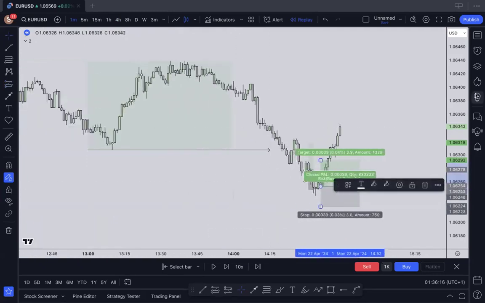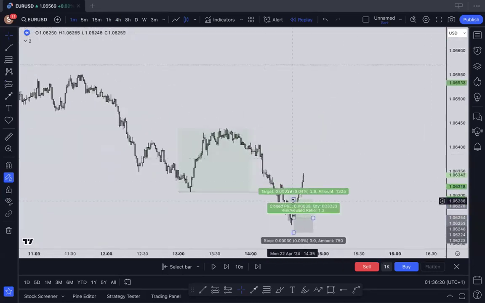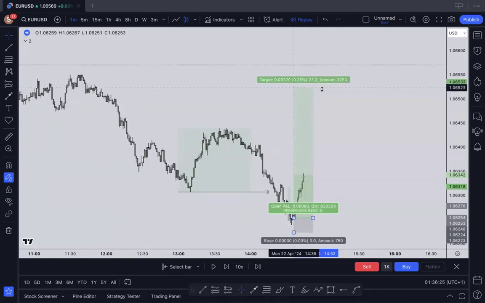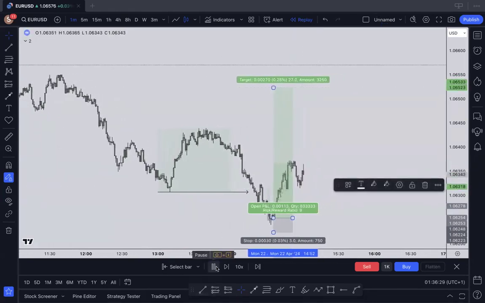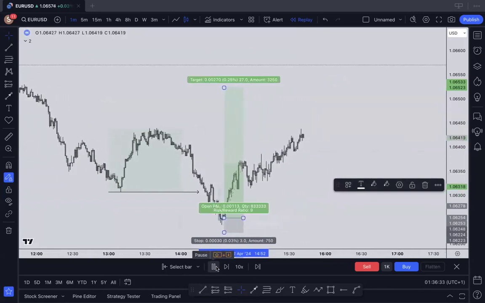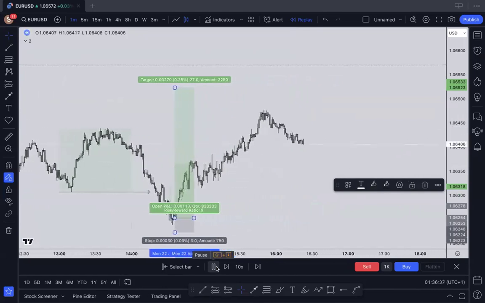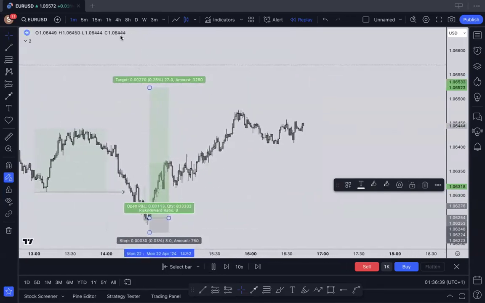But as you can see, the price does end up hitting that 9R, I believe that was, like so. Eventually.